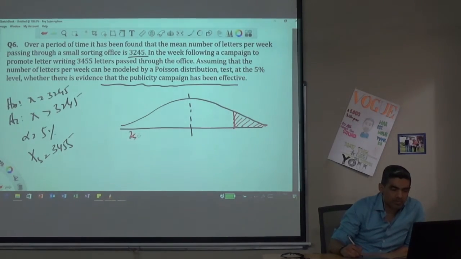So Z critical is 1.645. So the X statistic that we would be using is 3454.5 exactly.